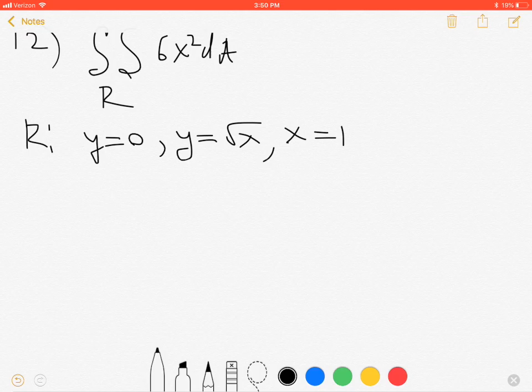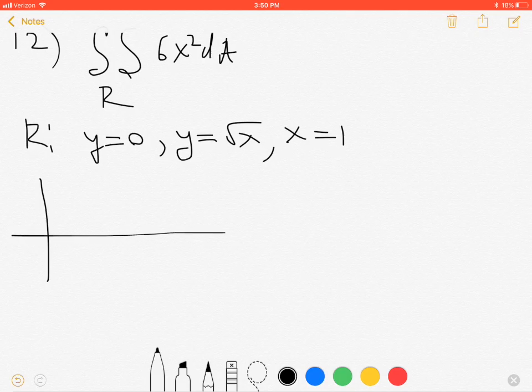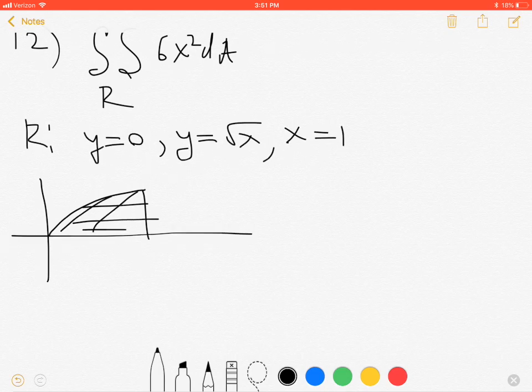First we draw our region, right? What do we have here? We have y equals square root of x. Here let's mark 1. And this means we have something like this. And there is an easy way of solving this integral.